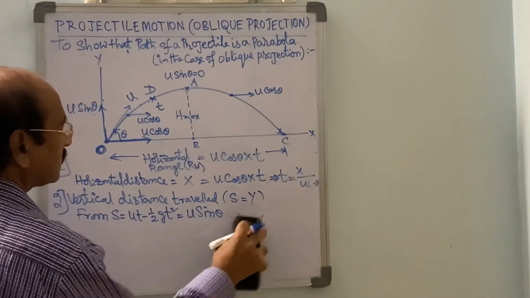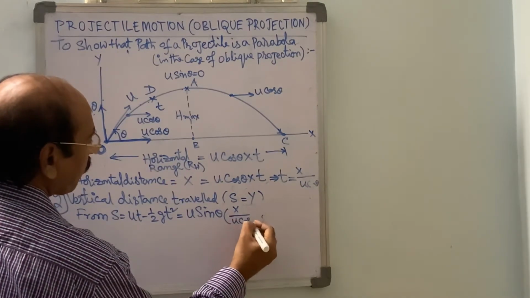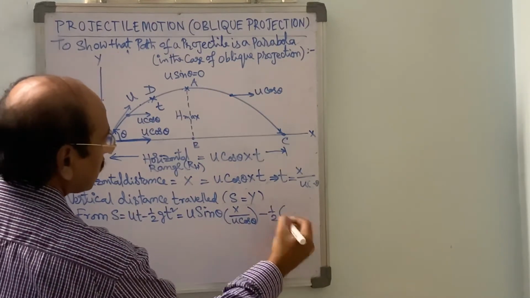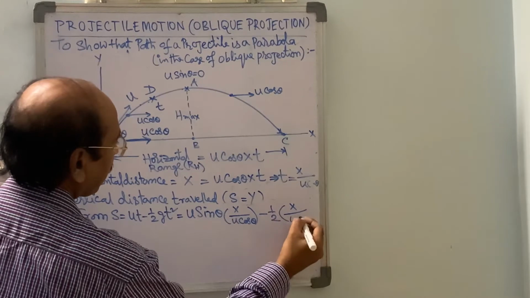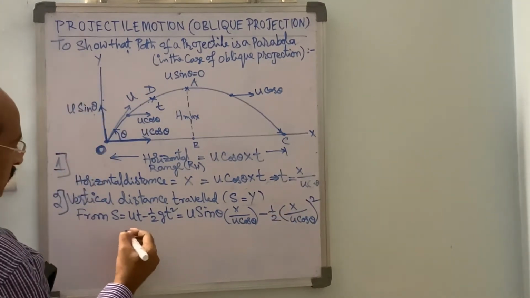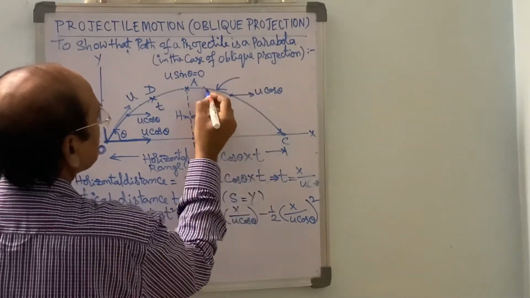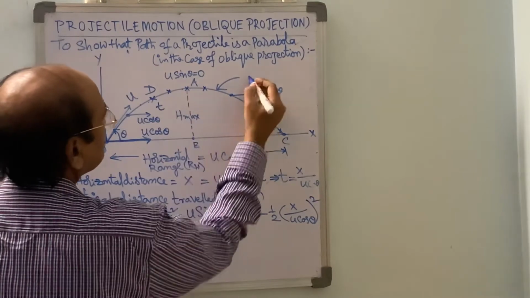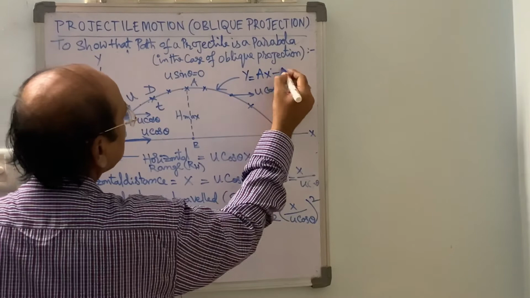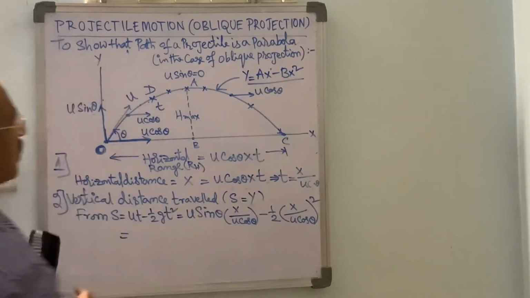Therefore, this may be written. So the parabolic equation of this path of the projectile is in the form of y equal to ax minus bx square, a parabolic equation.